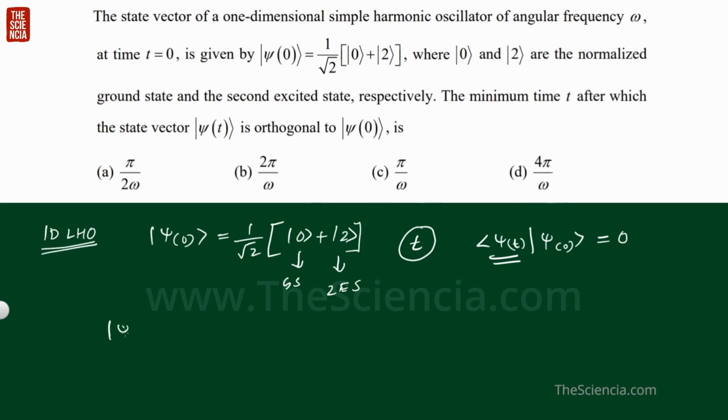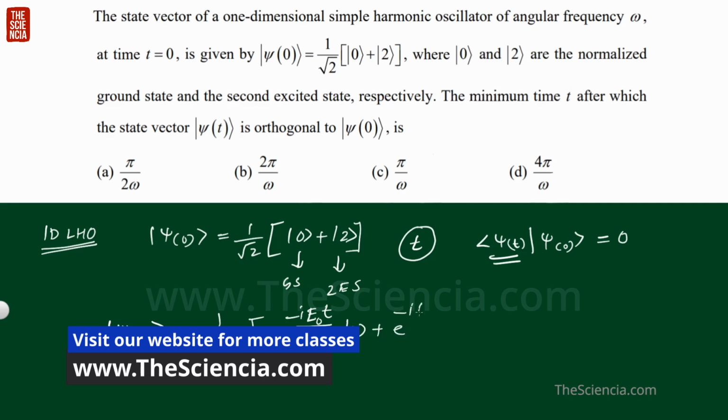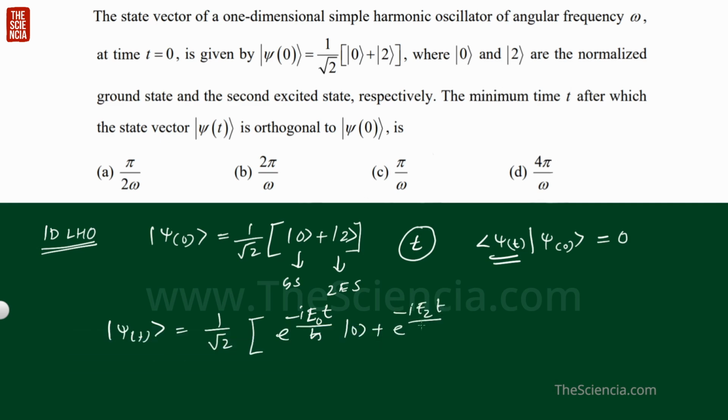That is, ket psi of t is equal to 1 by root 2 into e raised to minus i E0 t by h cross ket 0 plus e raised to minus i E2 t by h cross ket 2.